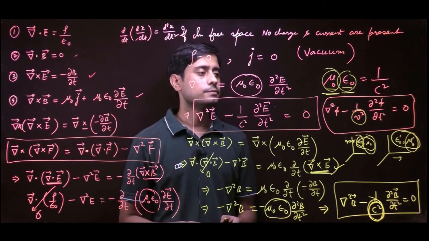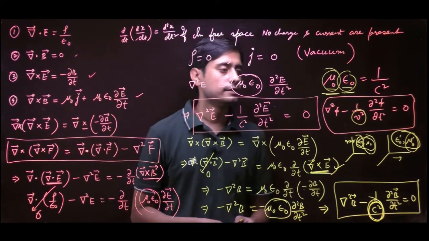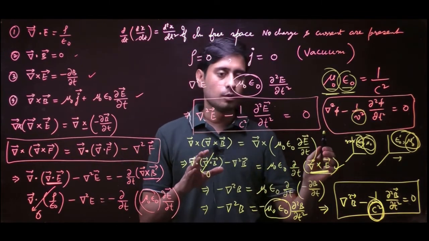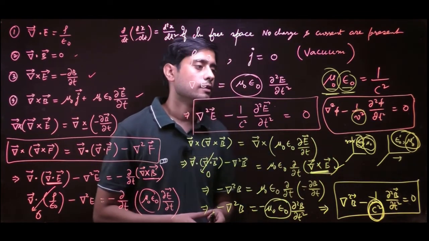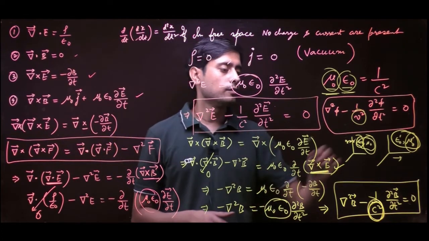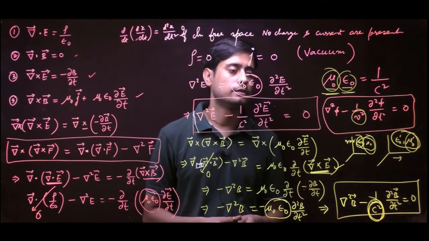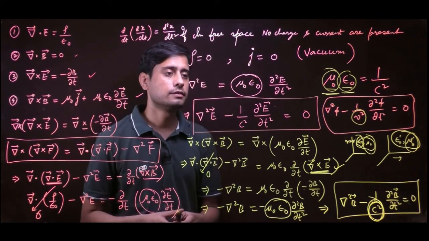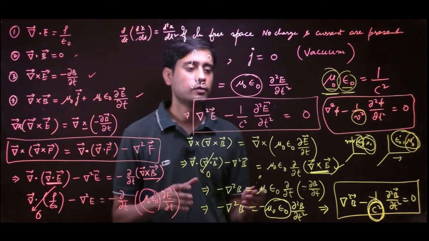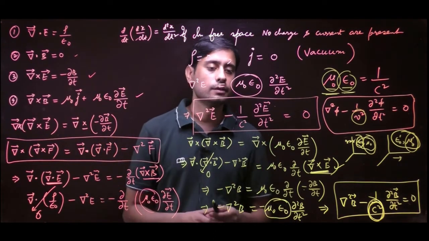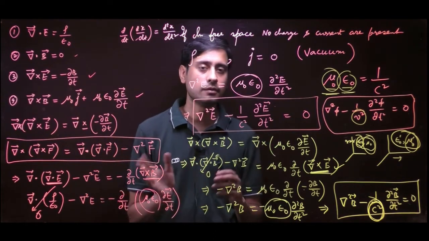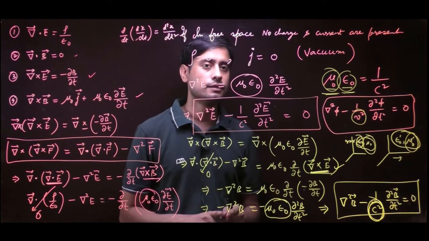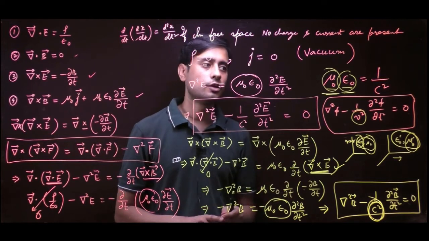So in this way, Einstein said that the Maxwell equations must remain invariant in these kinds of transformations. But in the Galilean transformation, we have seen in our earlier lectures that the form of these equations changes.